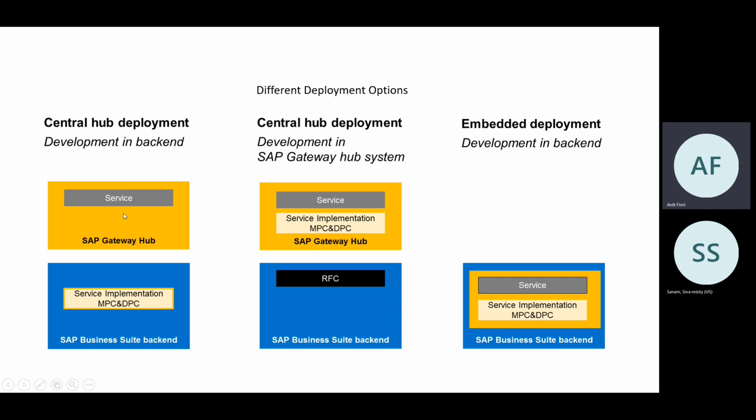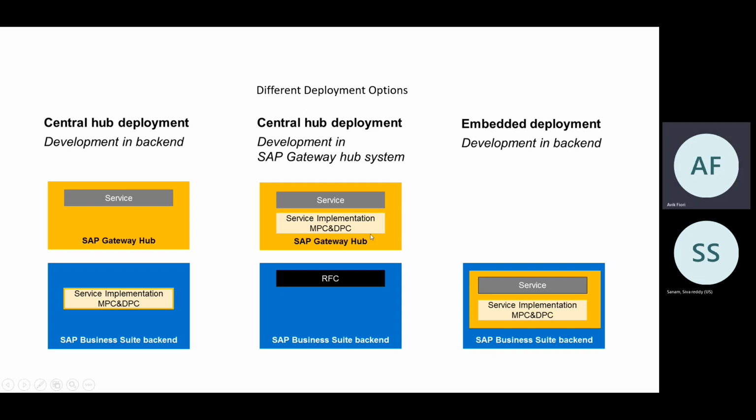Your gateway hub is a different server, and in that gateway hub you will only host and register your services. But the actual implementation, the actual business logic, you will write inside your backend system. So that kind of central hub system is also available.